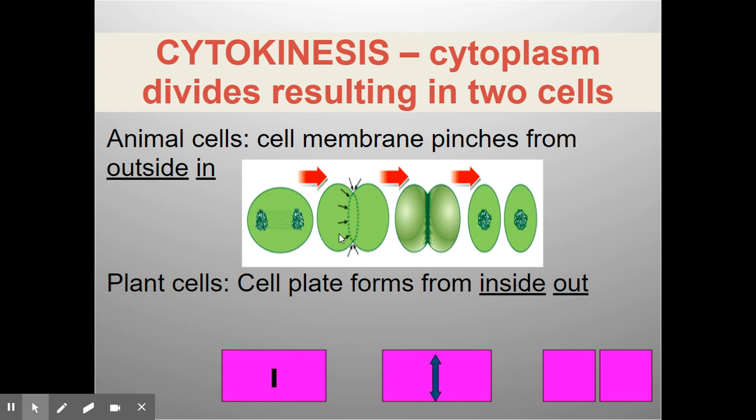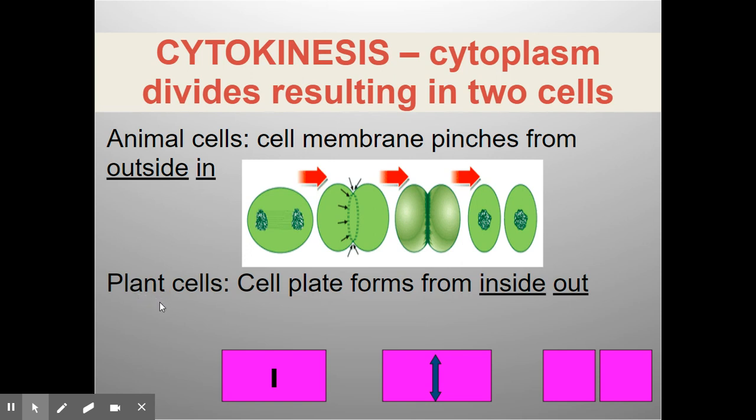If you took Jello and you put a string around it and you tightened it until it pinched off from each other, it makes two separate pieces of Jello. That's what cytokinesis is like. The cell pinches off with almost like an invisible string, and it pinches off.